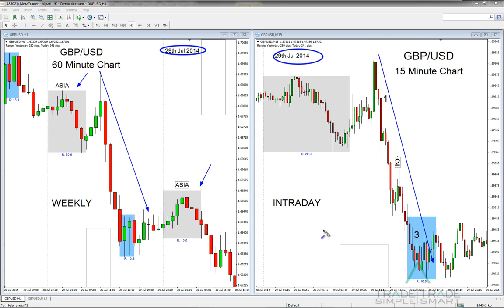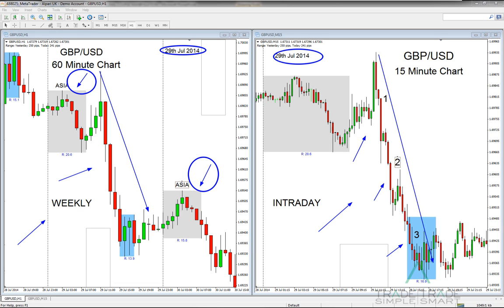Okay, so the intraday cycles make up the weekly cycle, but one complete intraday cycle, which is 3 levels of rise or fall to the day's high or low, will make up one weekly leg. And this weekly leg will be measured from one day's Asian session to the following day's Asian session.